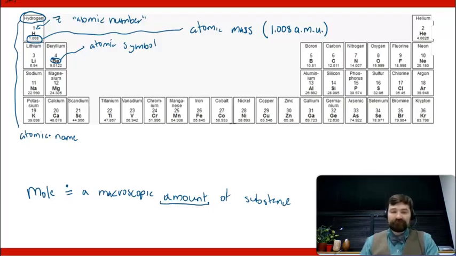So what is that number? Well, that is where Avogadro's number comes in.